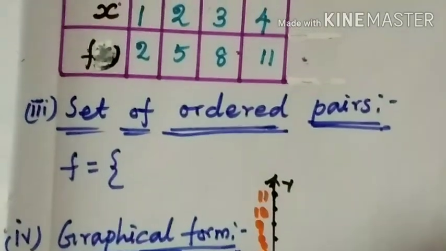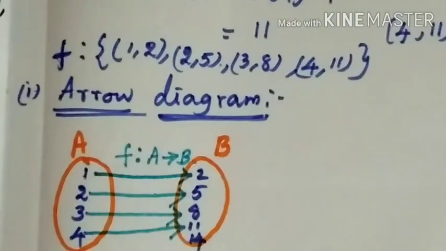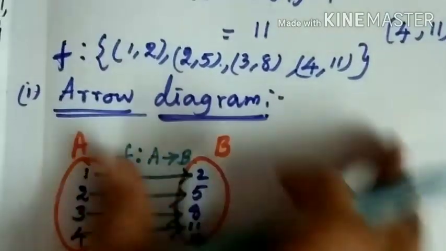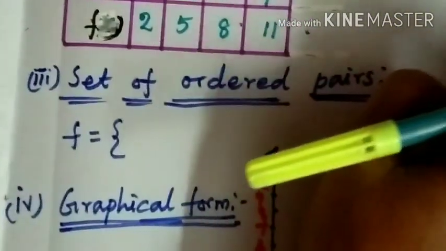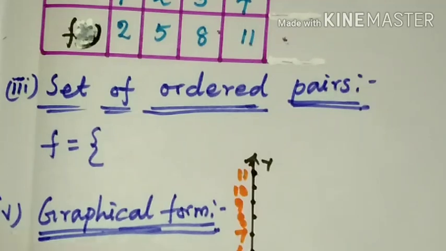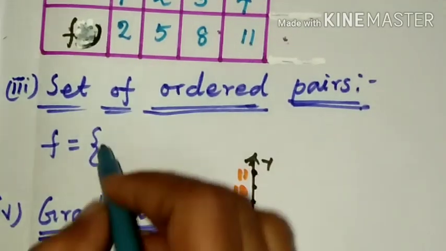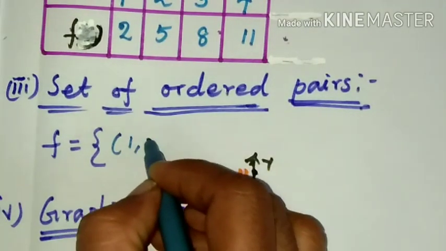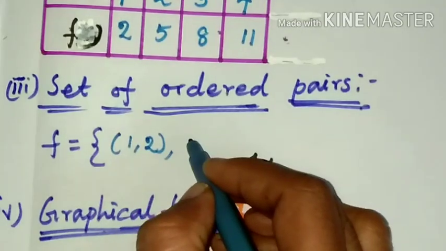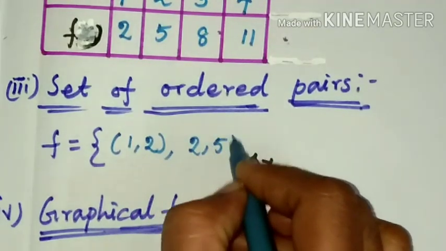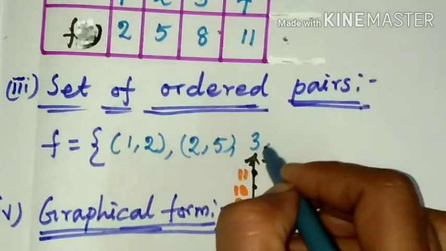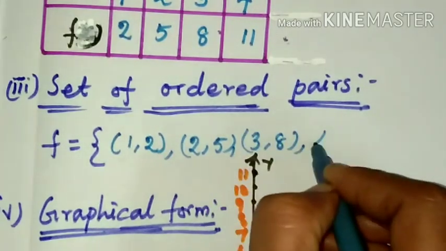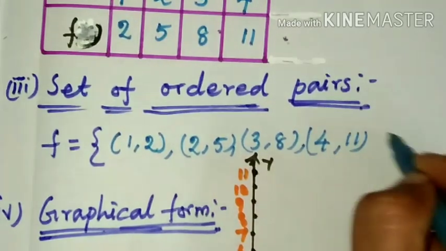It is nothing but just taking down and writing the function's ordered pairs. Then F equal to the set of ordered pairs 1, 2, 2, 5, 3, 8, 4, 11.